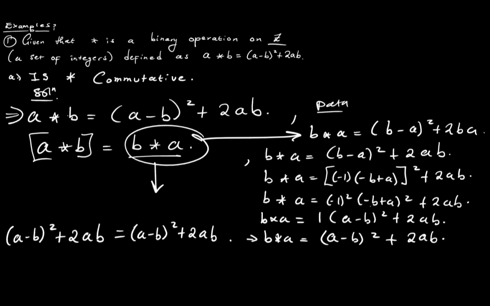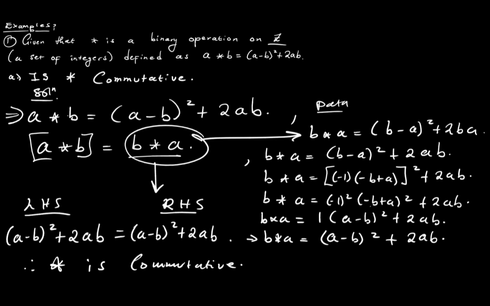And basically, if you look on your left hand side, this is your left hand side, comparing it with the right hand side, you will find that these are equal. Therefore, we'll say that star is commutative. Just like that. So this is basically how we answer a question phrased in such a manner.